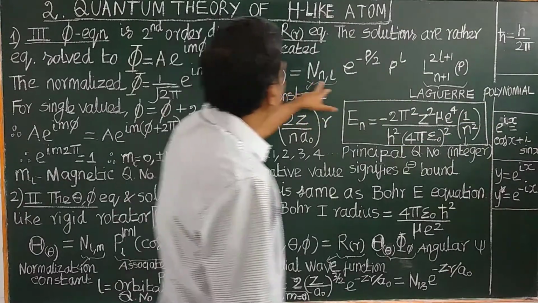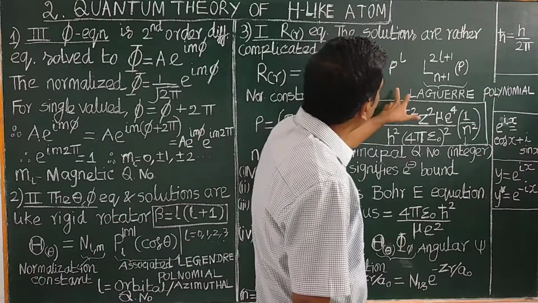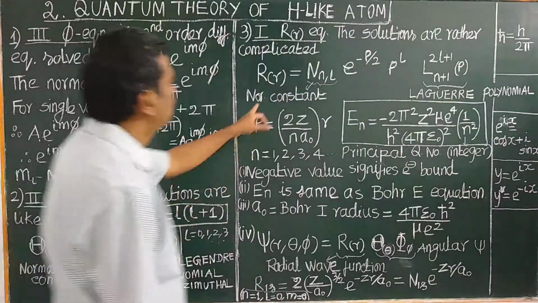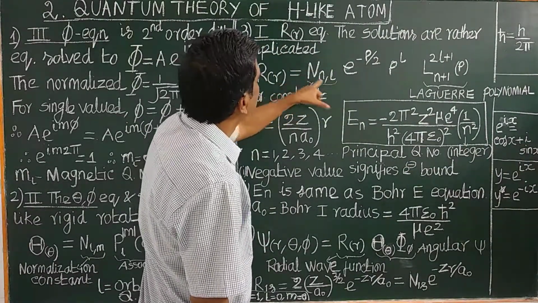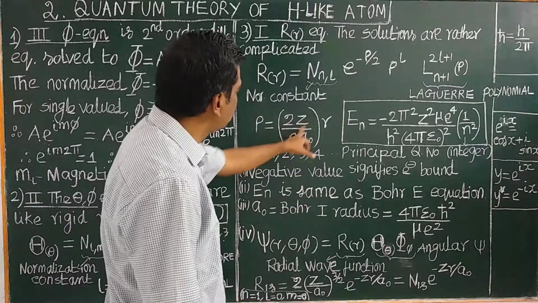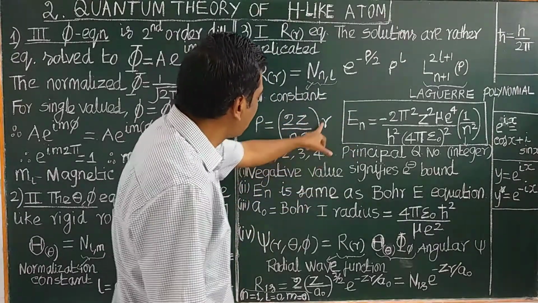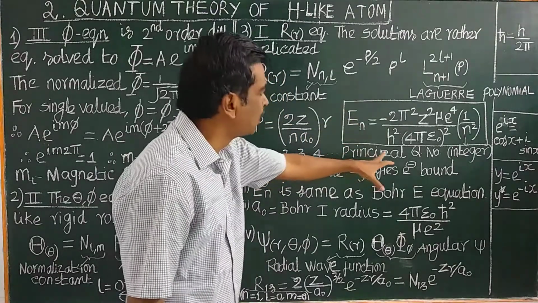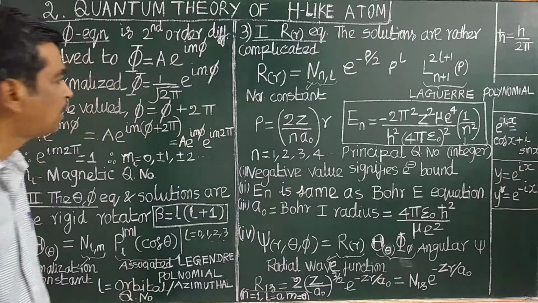So the radial wave function can be solved by using the associated Laguerre polynomial. This constant N_nL is called the normalization constant, where rho equals 2Z by n a naught times r, and n is called the principal quantum number.